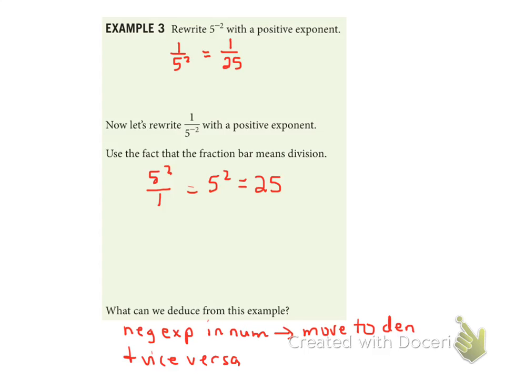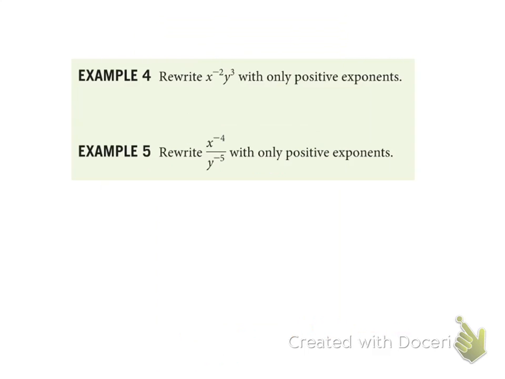Example 4. Rewrite x to the negative 2 power, y to the 3rd power with only positive exponents. Any suggestions? Move x to the negative 2 power to the denominator.